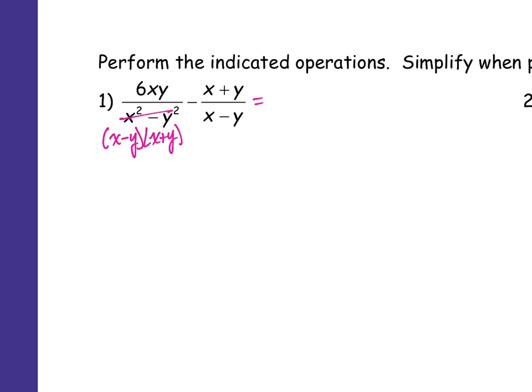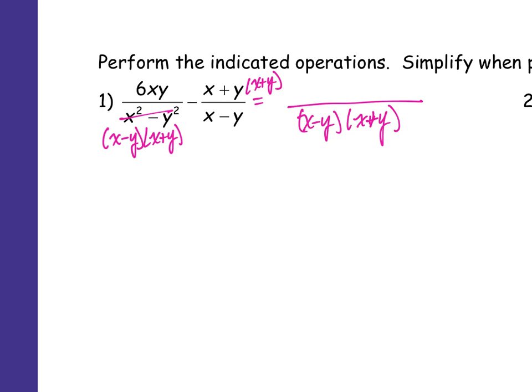So my common denominator, I think, is going to be x minus y and x plus y. So it looks like this side needs an x plus y.